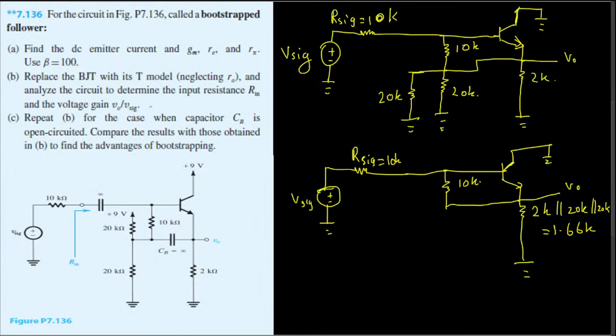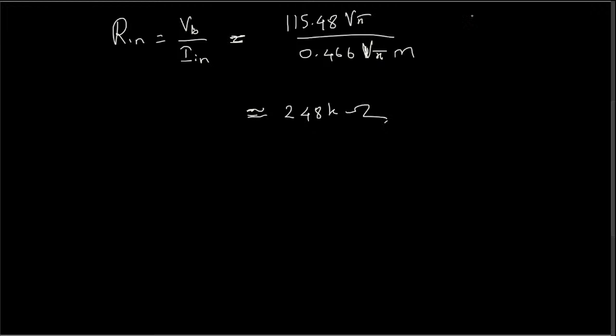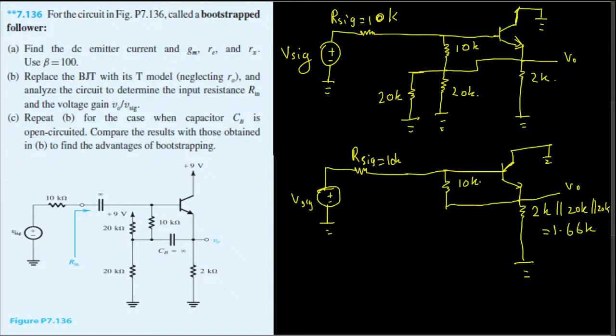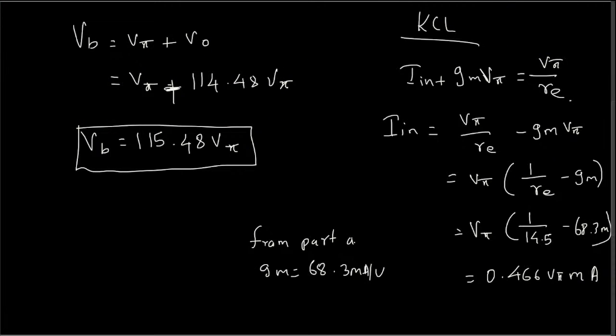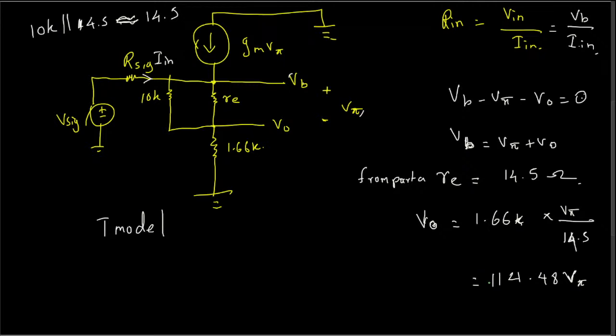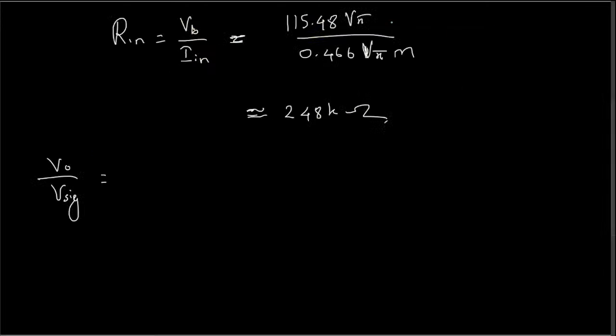Now the next thing we have to find is the gain. Gain is given by V output over vsig, and here we have the output already derived. We found the output to be this 114.48 V5, but we don't know vsig.